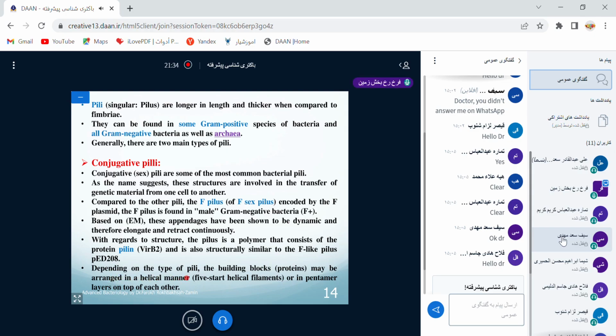Depending on the type of pili, the building block proteins may be arranged in a helical manner, as 5-start helical filaments or in pentamer layers on top of each other.